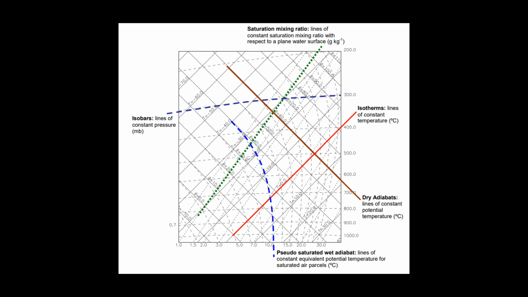This image is a summary of all our 5 background lines against which the data we collect can be plotted. They are the isobars in black, isotherms in red, dry adiabats in brown, the saturated adiabats in blue, and the saturation mixing ratio in green.